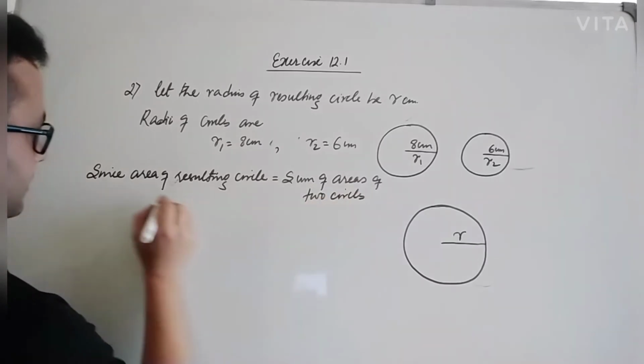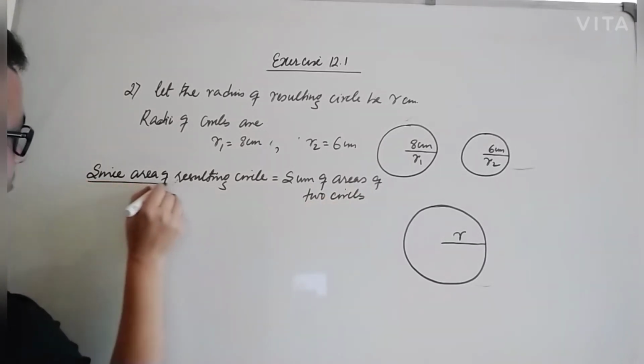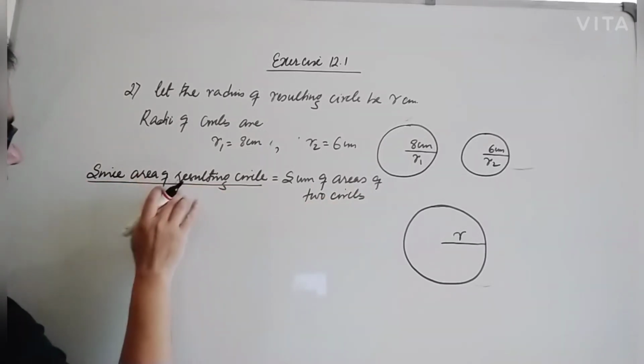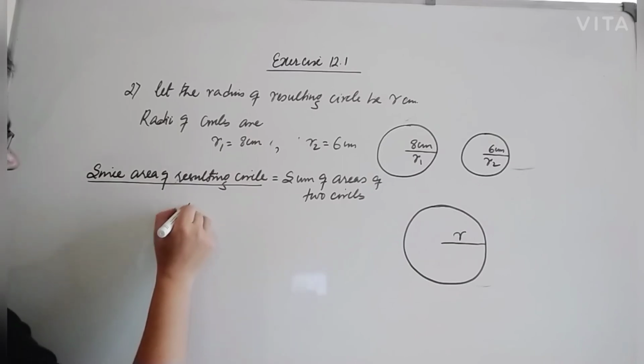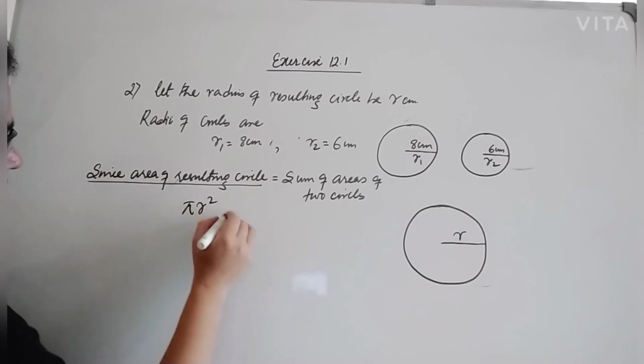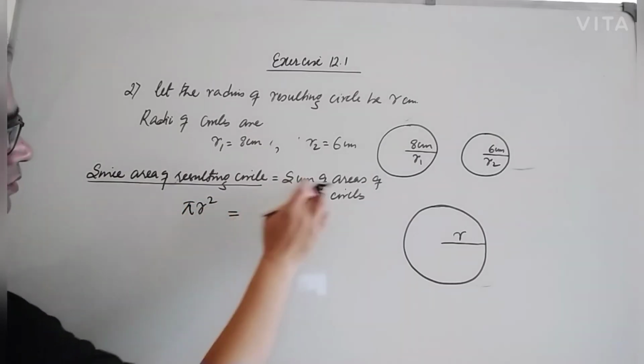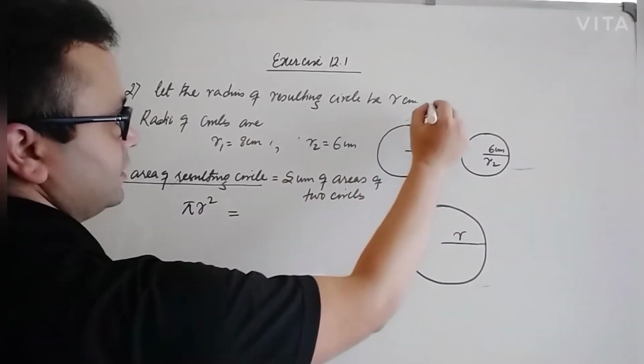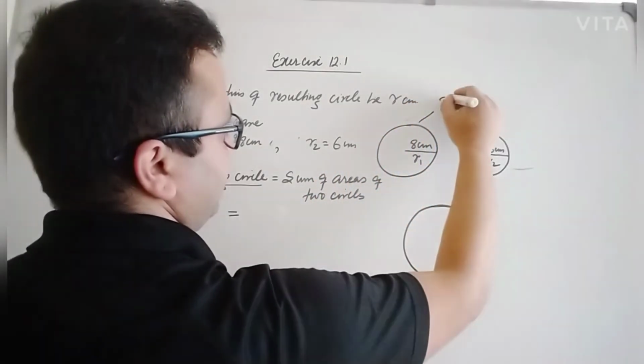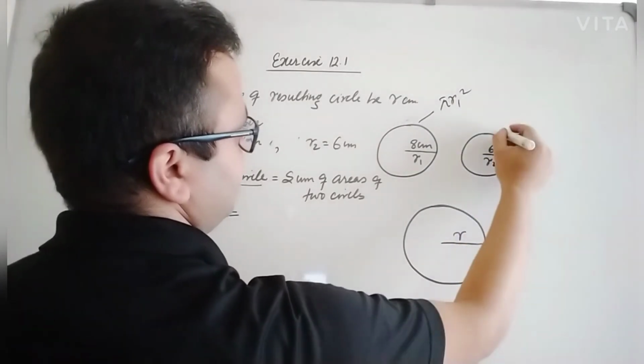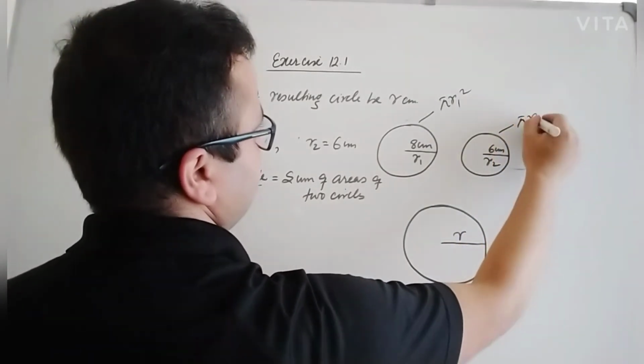Now first you have to write down the formula. The area of a circle is pi r square, equal to the sum of the areas of two circles. For this, the area is pi r1 square, and for this, the area is pi r2 square.